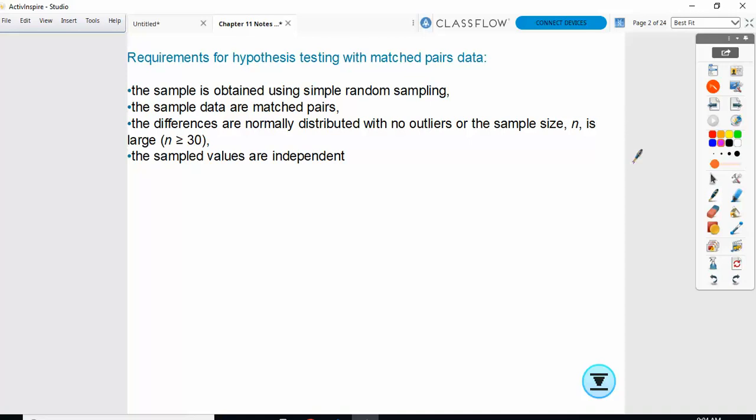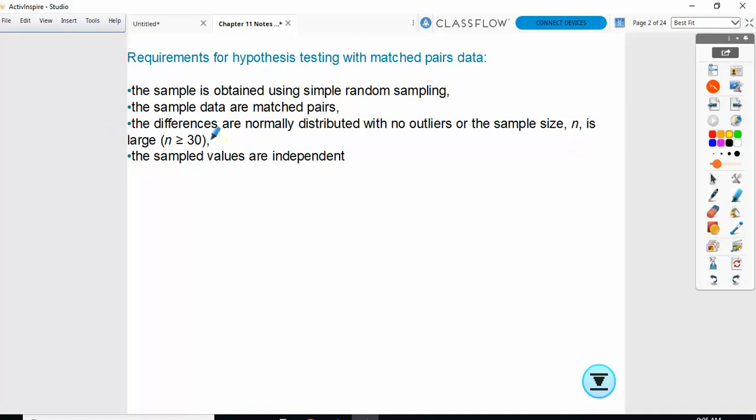Or maybe I have a survey and I have a husband and a wife take the survey. So they're paired up in some way. So we're comparing data from maybe two different people, maybe the same person, but they're connected in some sort of way. So for our criteria, we have to have a random sample, we have to have matched pairs.